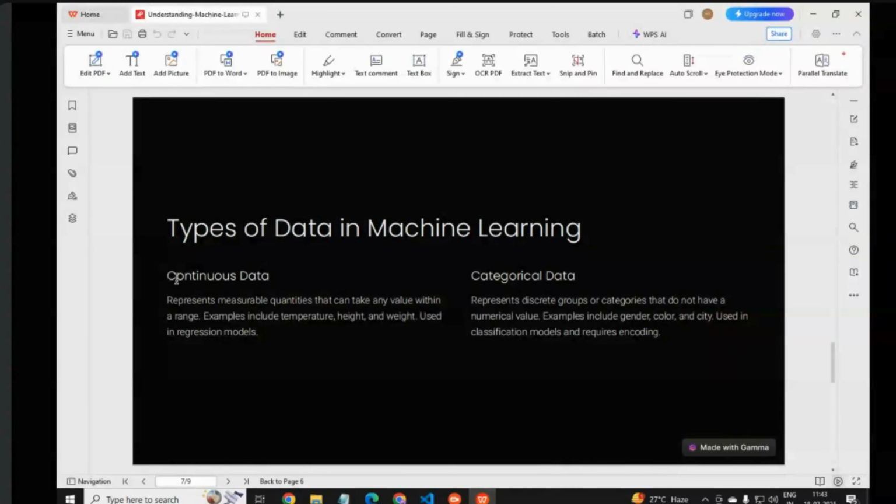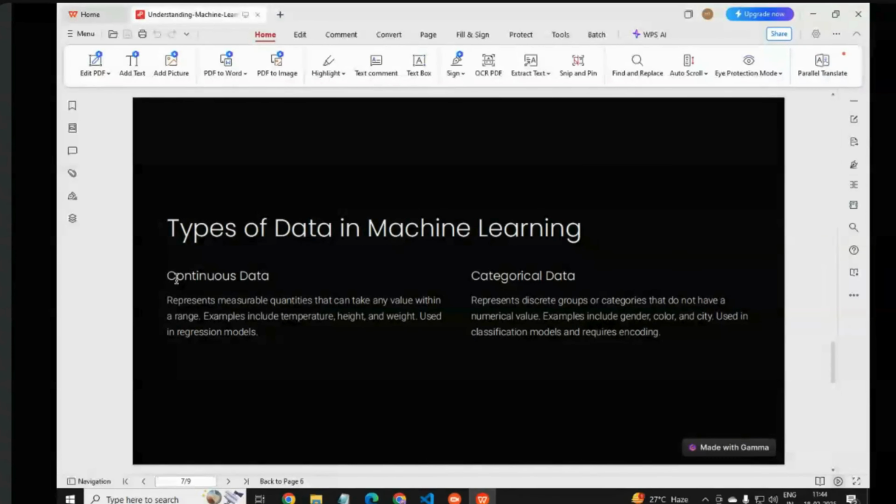Continuous data can represent measurable quantities that can take any value within a range. It is usually associated with numbers that have decimal points and can be broken down into smaller units. It works on numerical data only.